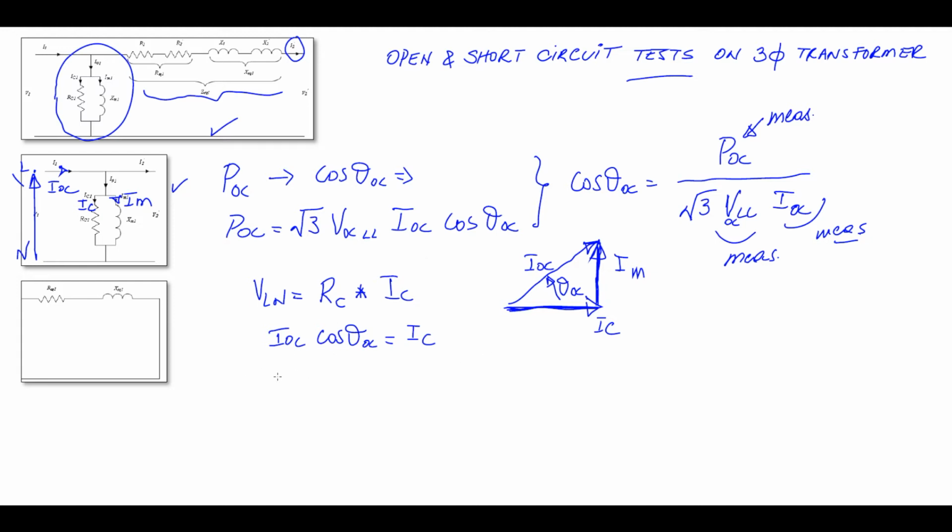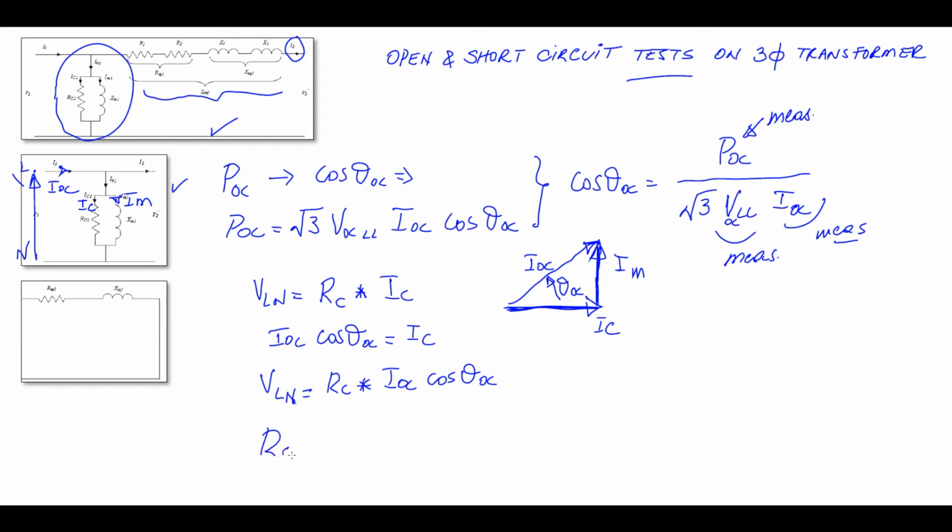So V line to neutral will be equal to RC times I open circuit cosine theta open circuit. As I told you at the beginning, this V line to neutral can be measured by the wattmeter, or if we measure V line to line, we divide that measured value by root of 3, which gives us V line to neutral.